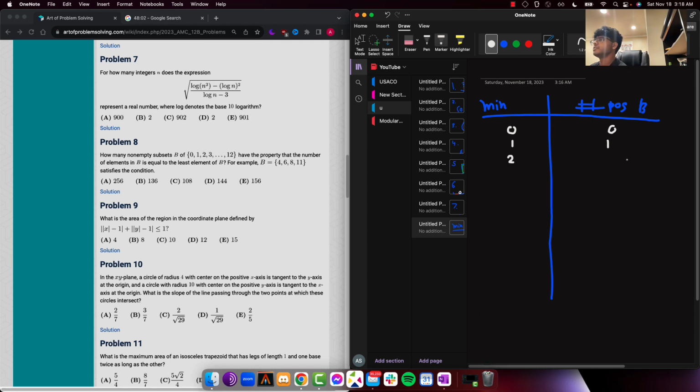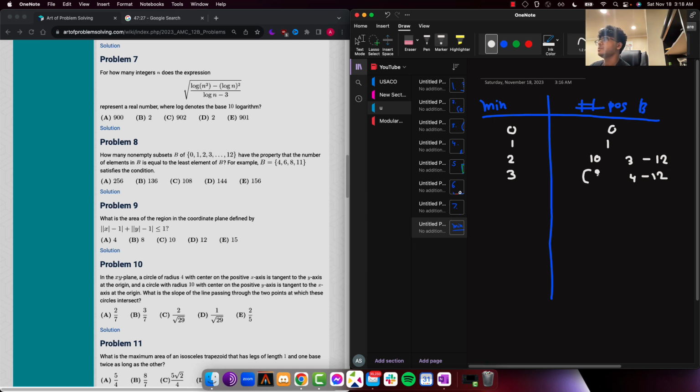Okay, so we have 2, and then we can choose from 3 to 12. 12 minus 3 is 9 plus 1 is 10. Okay, yeah, so then when we have the minimum to be 3, then we can choose from 4 to 12. 4 to 12 is 9 elements, but we have to choose 2 of them, so we do 9 choose 2.